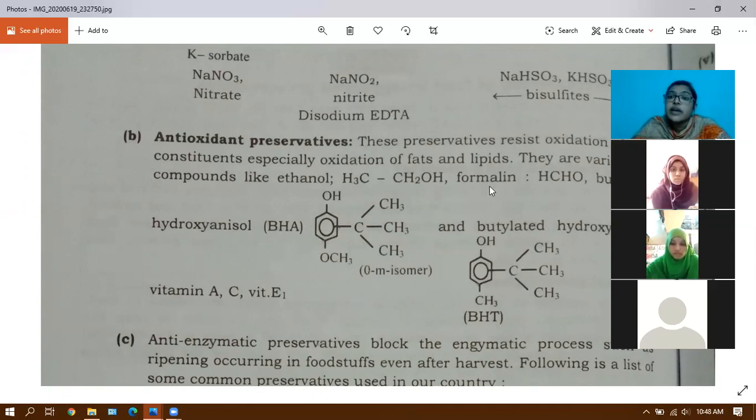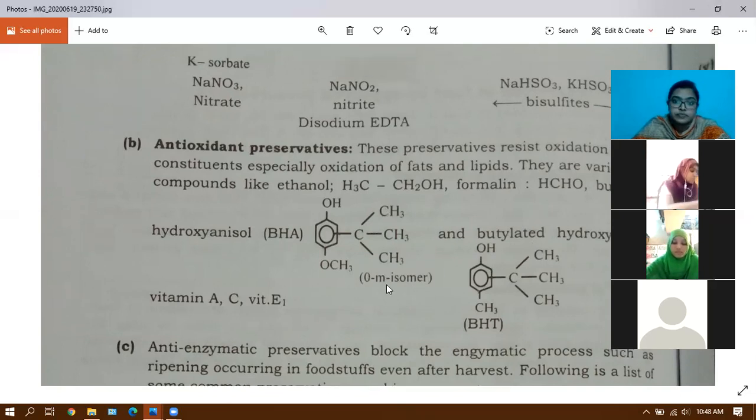It works by resisting oxidation of food constituents, especially oxidation of fat and lipids. So BHA and BHT are important for your examinations. Okay, miss.